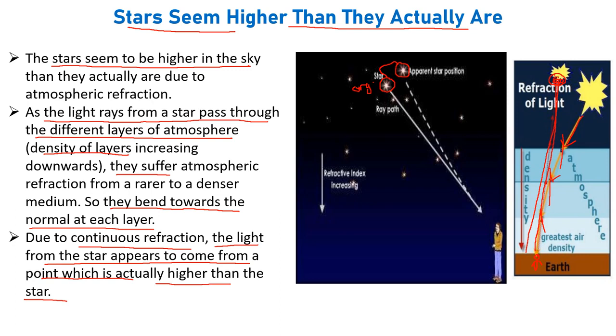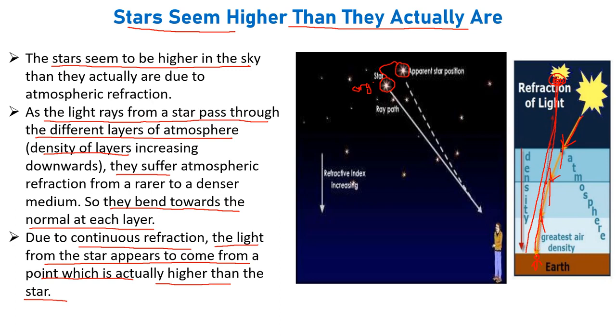Whatever is the source of light, we see that object. When light reflected or refracted from an object reaches our eyes, only then do we see the object. So here the light seems to be coming from this position of the star, which is the apparent position of the star.